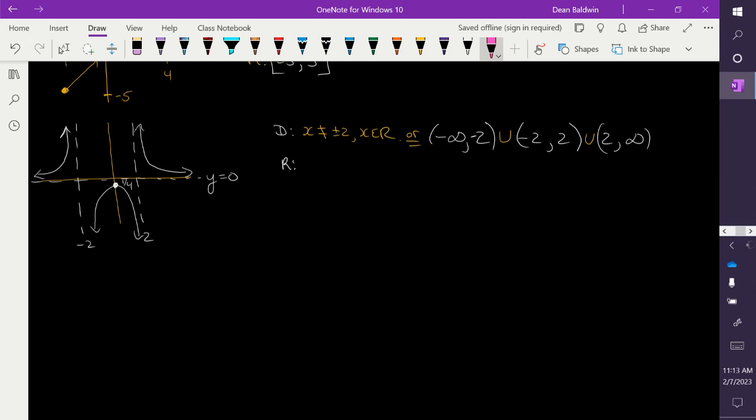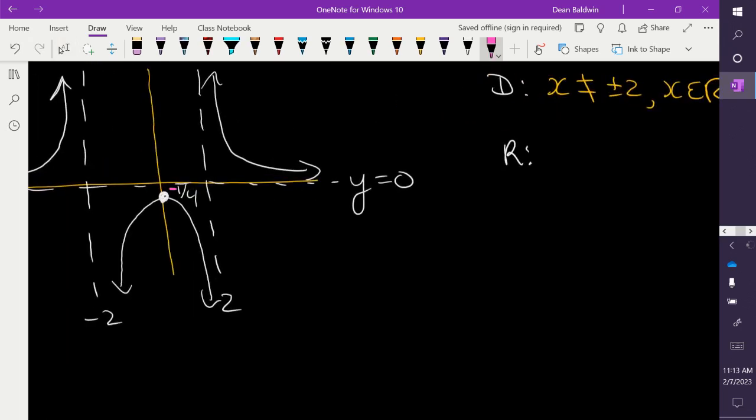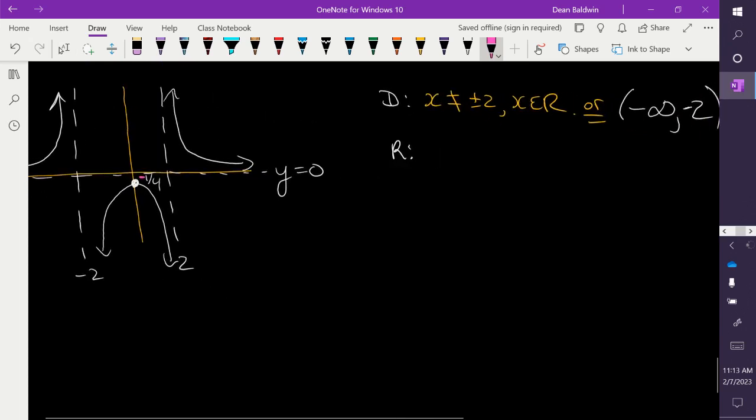I should have put a negative there, right? Negative 1/4. Okay. So we're coming from negative infinity to negative 1/4. What do I put around the negative infinity? Round bracket. Can it be negative 1/4? So it's a square bracket.